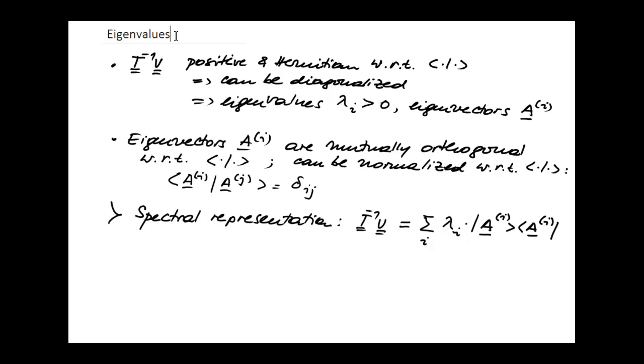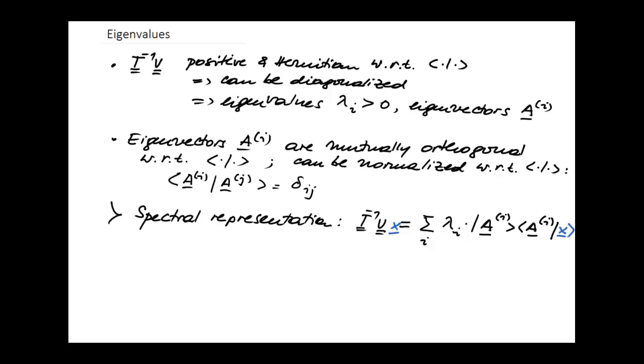For the spectral representation, we have this object, T inverse V, this matrix, and we write it as sum over i, then the eigenvalue lambda i, and then the eigenvector ai, and then again the eigenvector ai, scalar product with whatever vector this object is applied to. Think of this whole object acting on some vector x, and then you can complete the expression in this way.